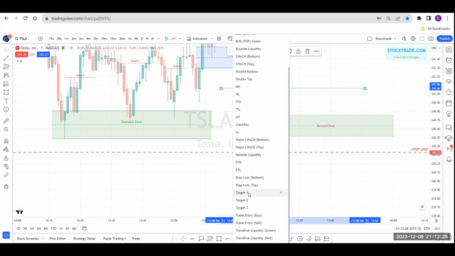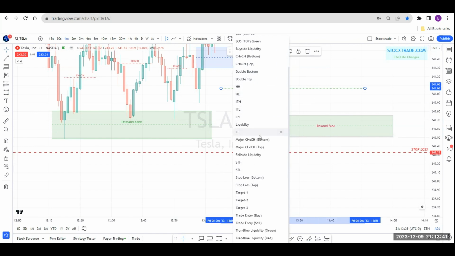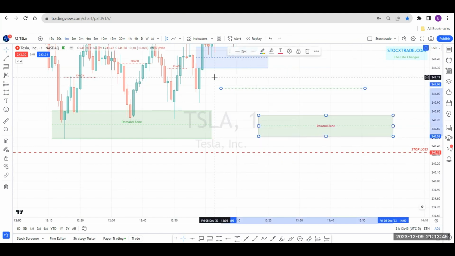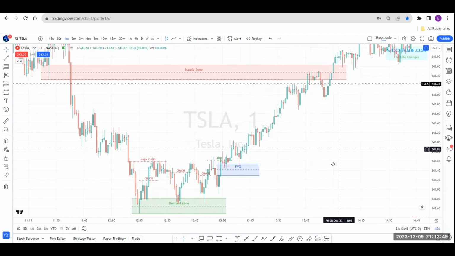I will add this video to the YouTube channel so you can see what these names will be. You can do buy side liquidity, whatever. It is really helpful and it will save a lot of time for you because you don't have any time when the live trade is going on. You just need to do everything very quickly.